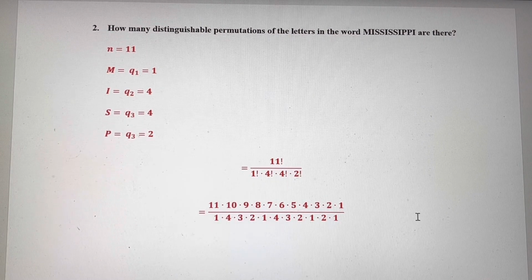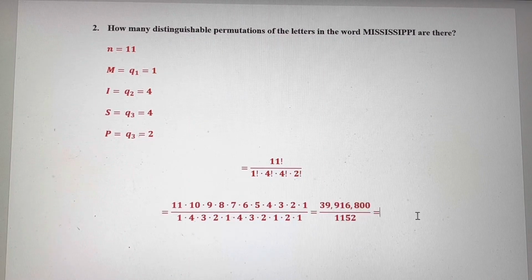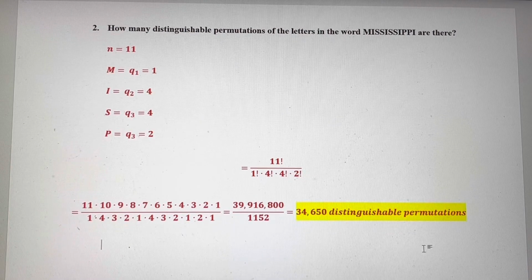So the numerator, 11 factorial, is 39,916,800. When I multiply all these in the denominator, I get 1,152. Let's simplify there. So we get 34,650 different distinguishable permutations of the letters in Mississippi.